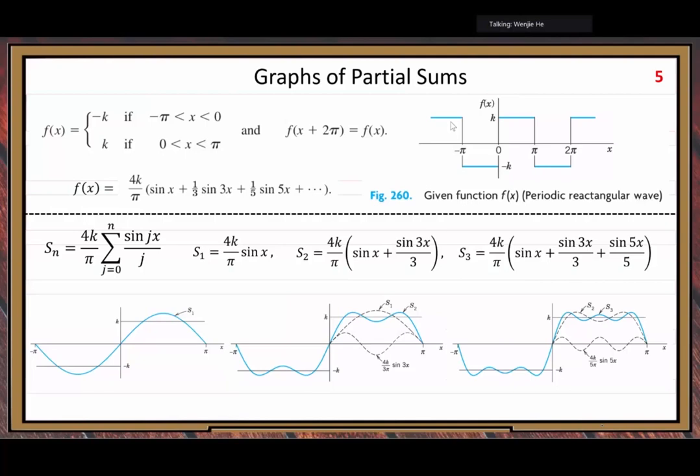And the slope here becomes sharper and sharper. At the end, the infinite series converges at this point to this value, the average: from one side it's negative k, from the other side it's k, and you take the average, it's 0. The convergent point is 0.